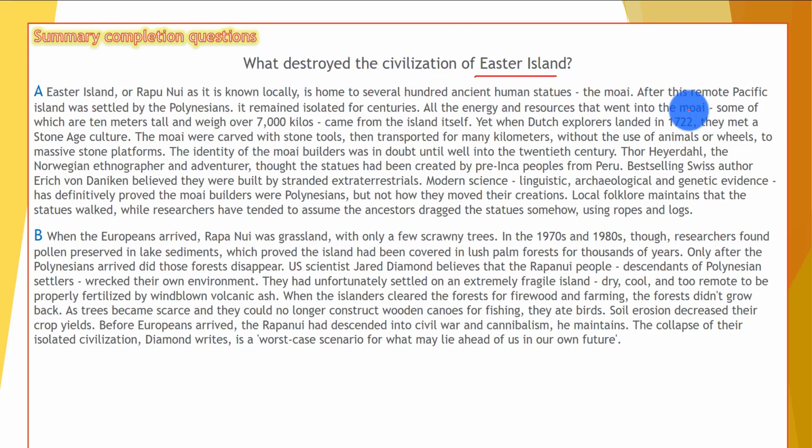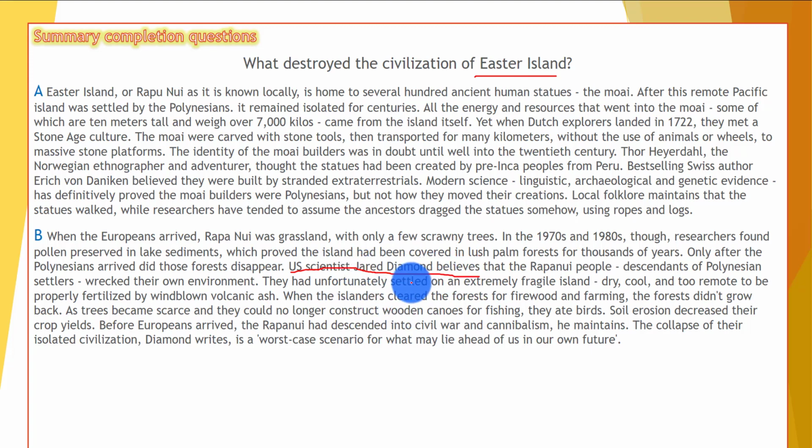Now let's start. Now let's go to the second paragraph. US scientists shared Diamond's beliefs.